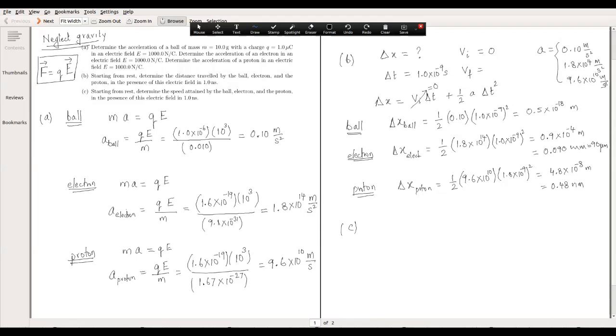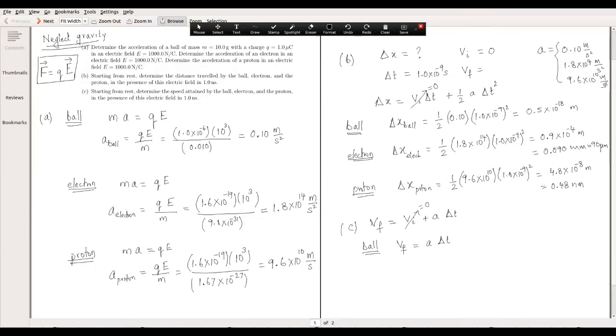Part C is the same configuration: distance, time, and initial velocities all remain the same, except now we are interested in the final velocity. Determine the speed obtained by the ball. We use the equation V final equals V initial plus A times delta t. Initial velocity is again 0, so for the ball, V final equals A times delta t.